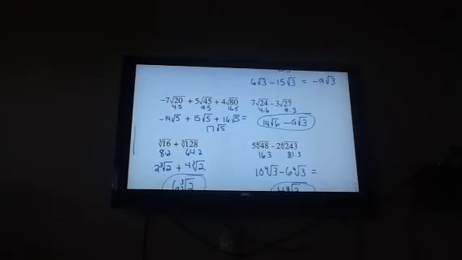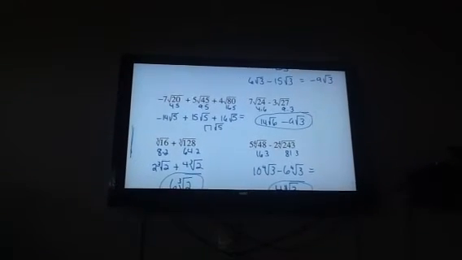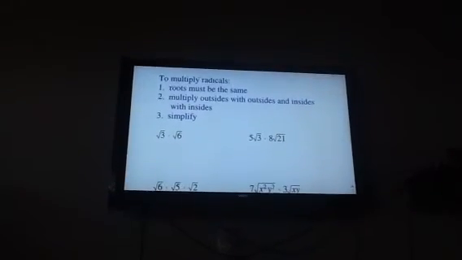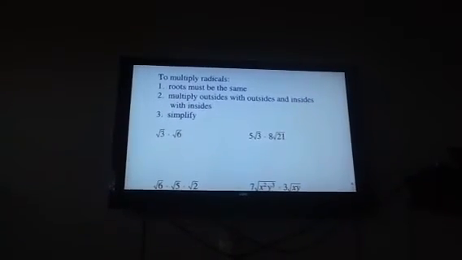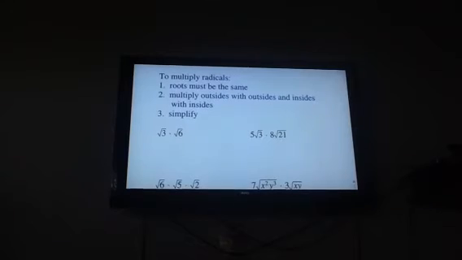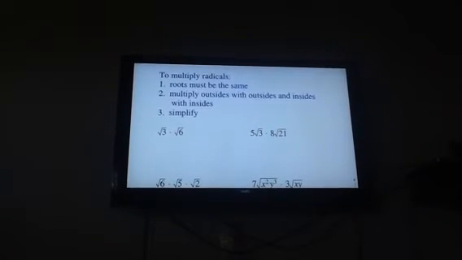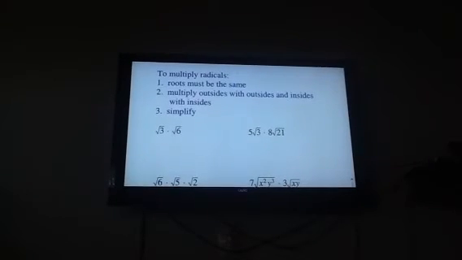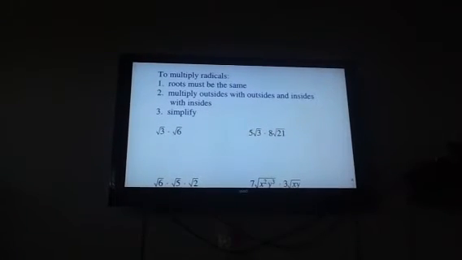So I'm going to move to multiplication. To multiply radicals, again, the roots must be the same, at least right now. You'll learn to change those to make them the same eventually. When you multiply radicals, I personally think it's easier to multiply first and then do the simplifying.